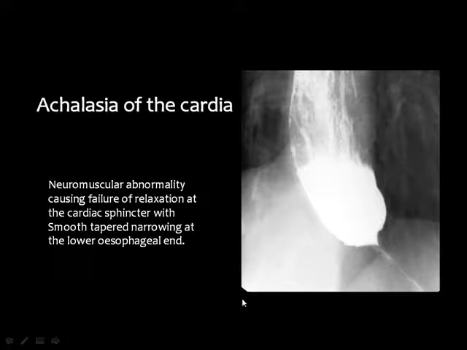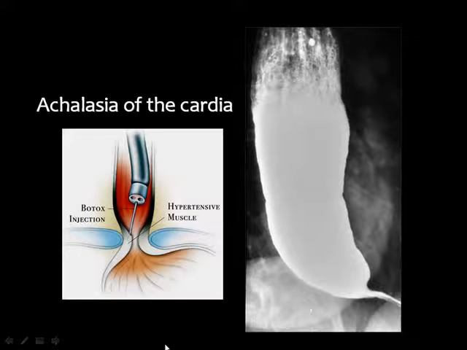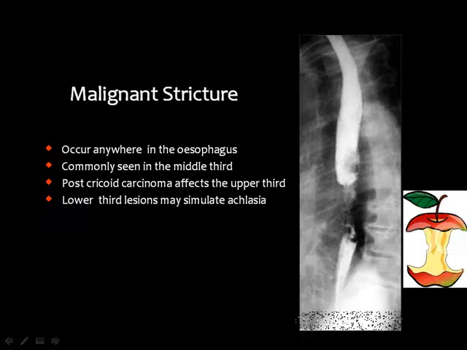And this is the classic appearance of achalasia of the cardia, where you can see a benign area of narrowing in the distal part of the esophagus with proximal marked esophageal dilatation. And this is also a case of achalasia of the cardia with narrowing of the distal part of the esophagus due to neuromuscular incoordination. Then the malignant stricture will show the classic apple core configuration, as you can see here.